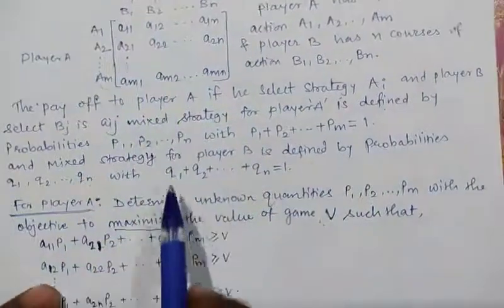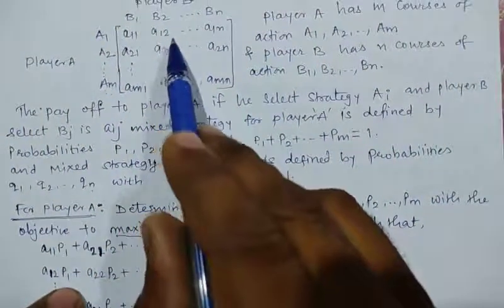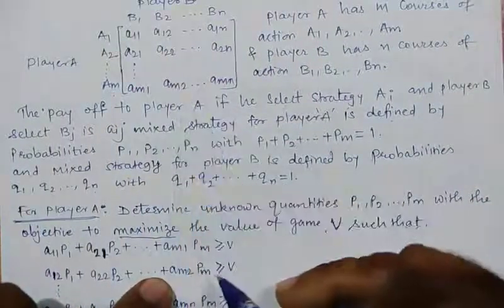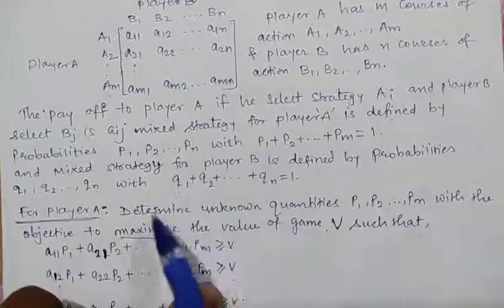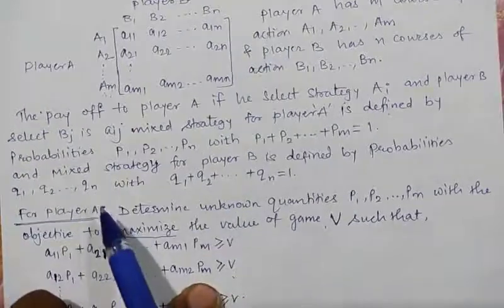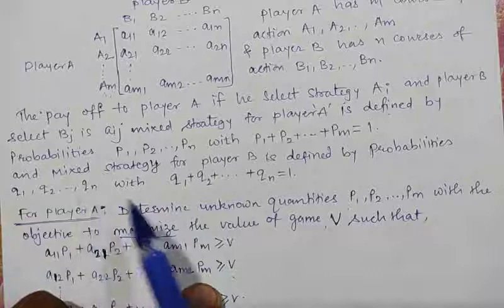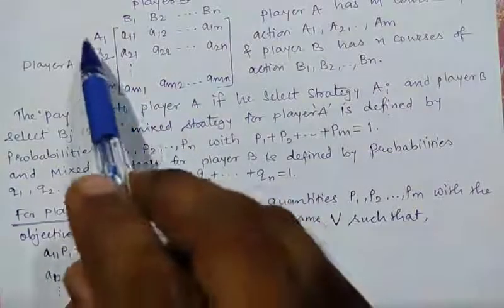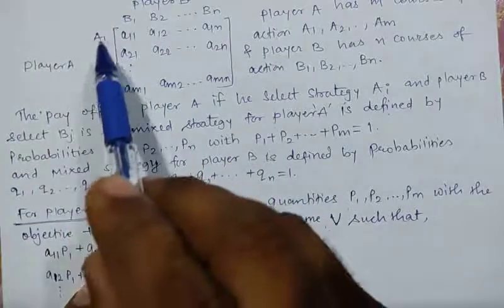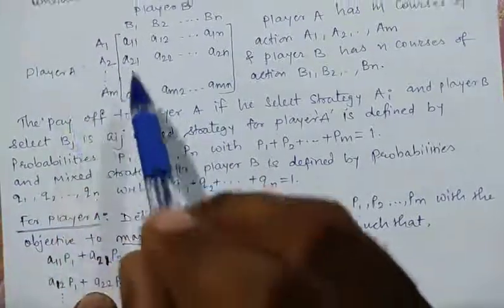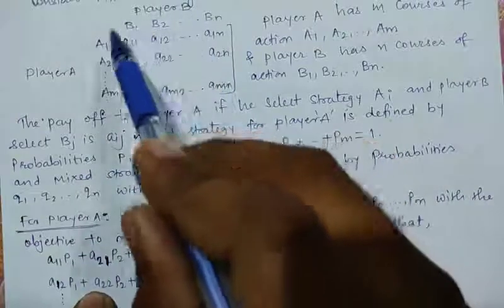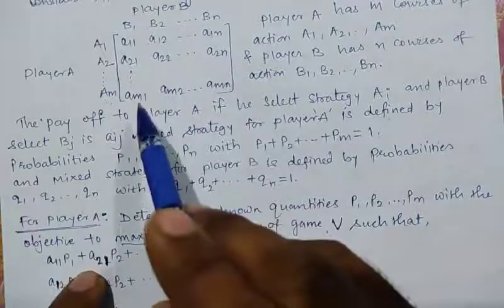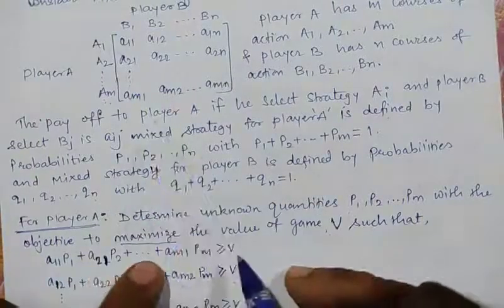In this case we get a12 p1 plus a22 p2 plus up to am2 pm, which is greater than or equal to V. Remember always that for player A's strategies, the constraint equations must be of the greater than or equal to type.